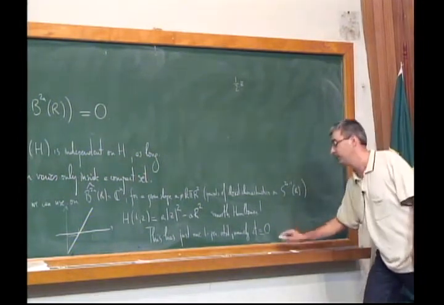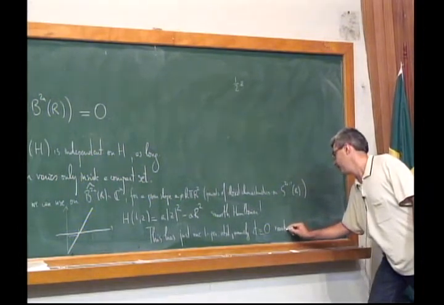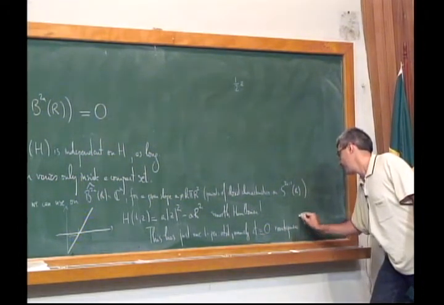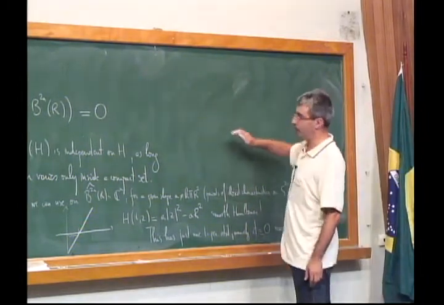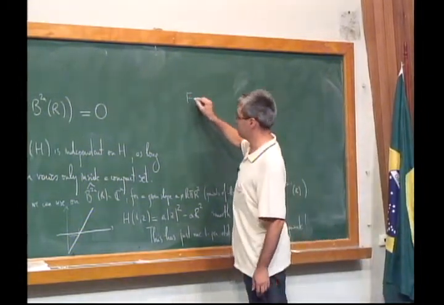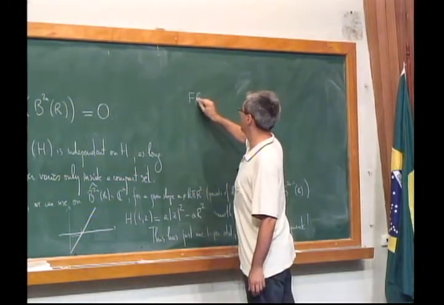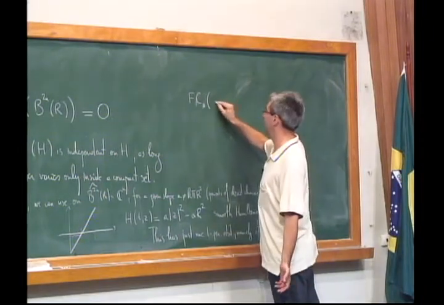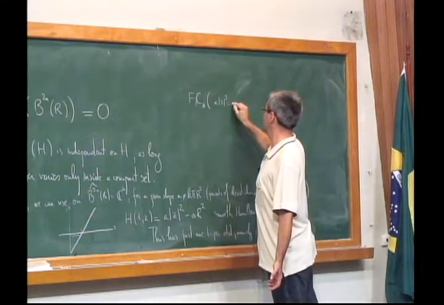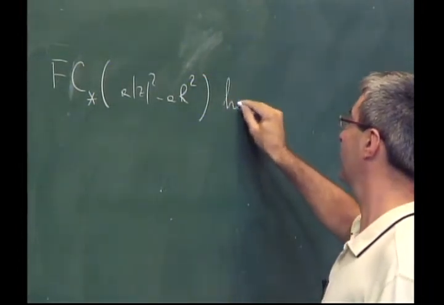And this is non-degenerate because that's a quadratic form, which is non-degenerate. Okay? So it means that the Floer complex for this Hamiltonian, az square minus ar square, has rank 1.